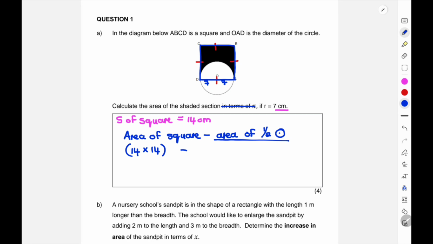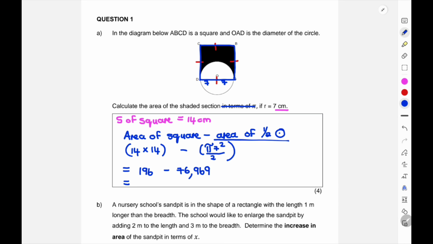Okay, and the area of a circle is pi radius squared, and because it's half a circle, I'm going to divide it by 2. And we know now that the radius, I'm going to replace it with a 7, and then this will give me 196 minus 76.969.